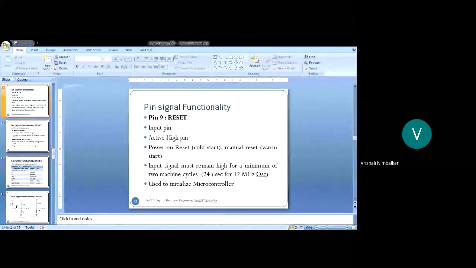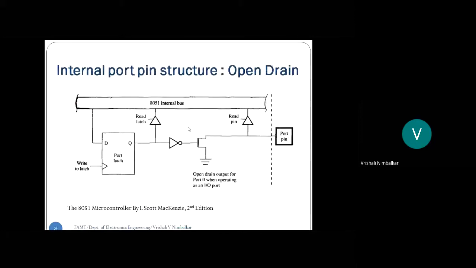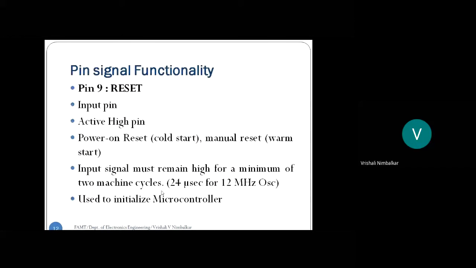So for a 12 megahertz oscillator, we have a machine cycle of 1 microsecond. So 2 machine cycles. Oh, this should be 2 microseconds. By mistake, this should be 2 microseconds. So 2 machine cycles mean 2 microseconds for a 12 megahertz oscillator. So that should be the duration. Logic 1 should remain for 2 microseconds.